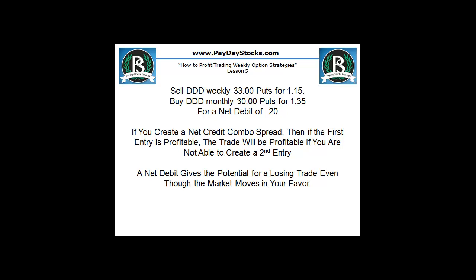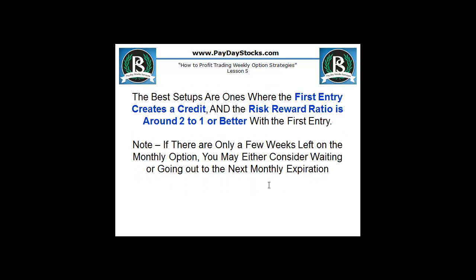Okay? Now, one note on this before we move on. If there are only a few weeks left on the monthly option, you may not want to implement this as a first entry on a particular spread. So let's say you don't get the 1222, you don't get the 1228, you don't get the 1.4. Let's say you're now looking at 111, and this is your first entry.